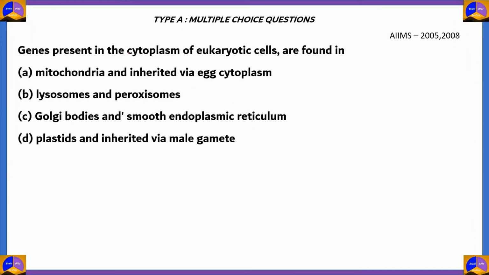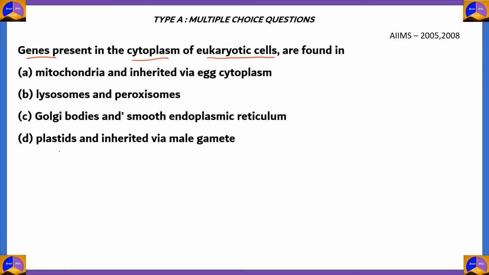Next question. Genes present in the cytoplasm of eukaryotic cells are found in A. Mitochondria and inherited via egg cytoplasm, B. Lysosomes and peroxisomes, C. Golgi bodies and smooth ER, D. Plastids and inherited via male gamete. So let's look at each of our options.